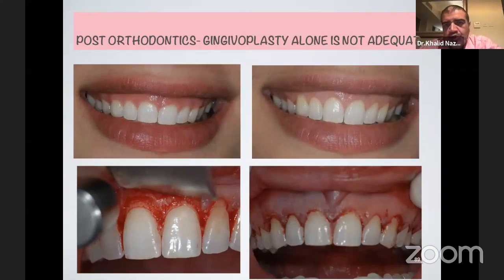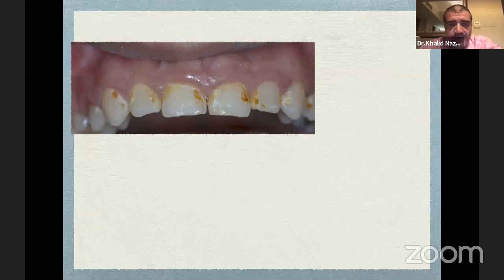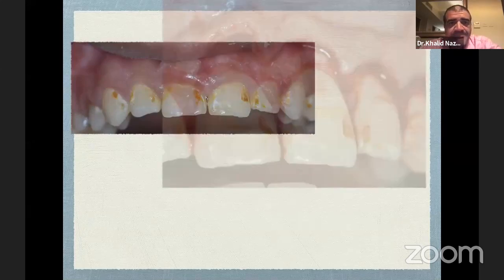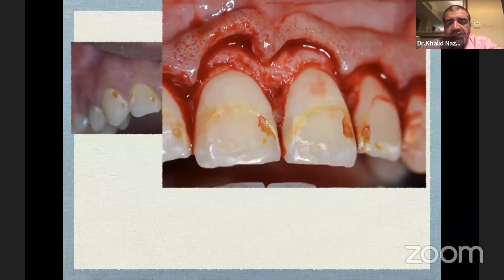But when you plan crown lengthening on patients after ortho, consider that most of those cases are going to end up being flap cases. So we go back to this young lady, where the flap was opened, and you can tell the difference between the enamel that was not exposed due to altered passive eruption and the enamel that was bonded.